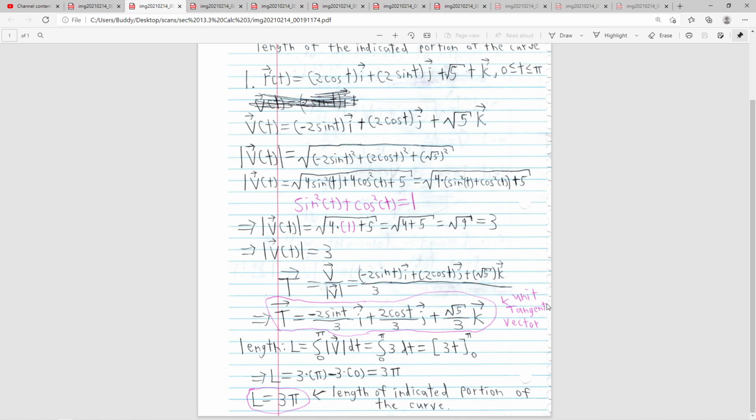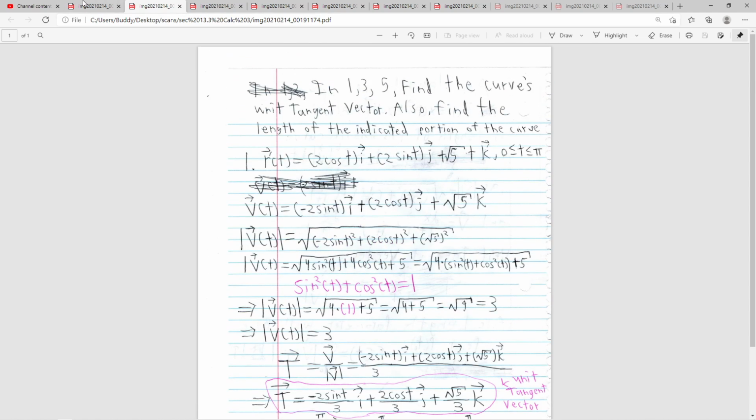You could bring the 3 out if you want to be technical, a tiny step that is usually omitted. Basically you're integrating 1 and multiplying by 3. From 0 to pi, 3 pi minus 3 times 0 equals 3 pi. And that's the length of the indicated portion of the curve. That's how you find it.